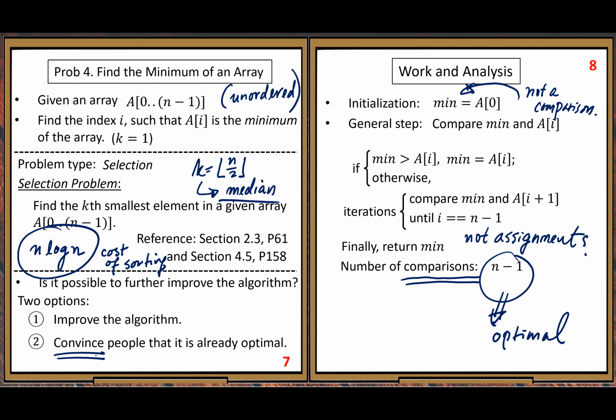All right. Let's take a 15-minute break. After the break at 7 o'clock, let's look at the convincing arguments for this question: how to make convincing arguments that this solution is already optimal. All right, so let's take a break now.